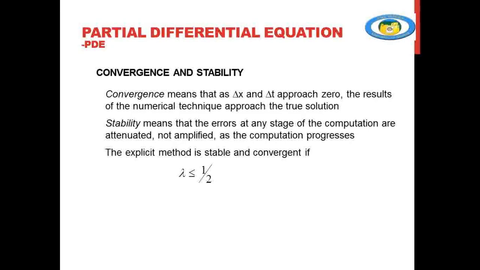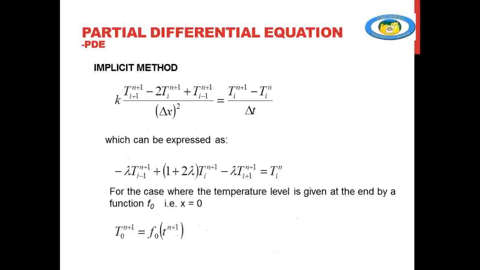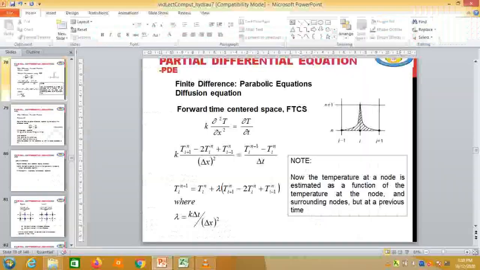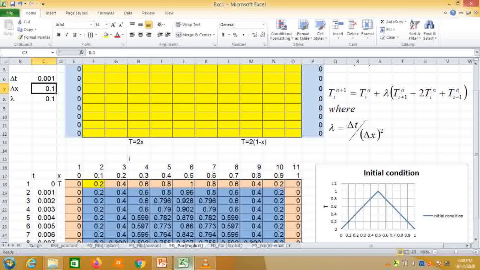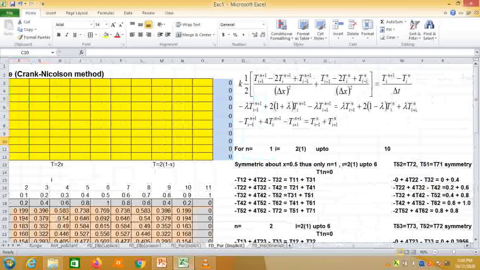So let's look at the same problem using the Crank-Nicolson scheme. In the Crank-Nicolson scheme, we use the average of both explicit and implicit schemes, and then we find this set of equations.